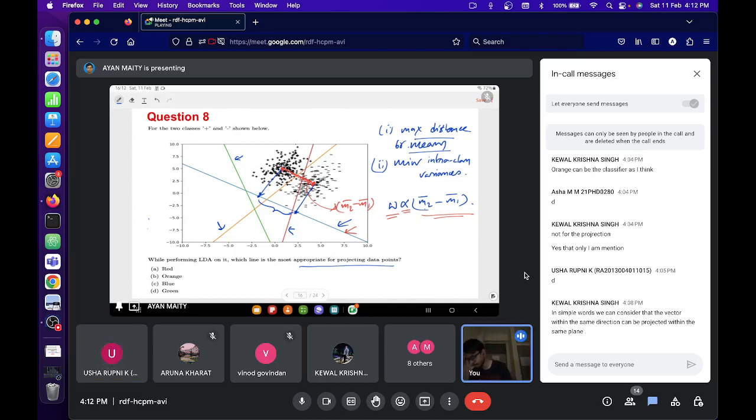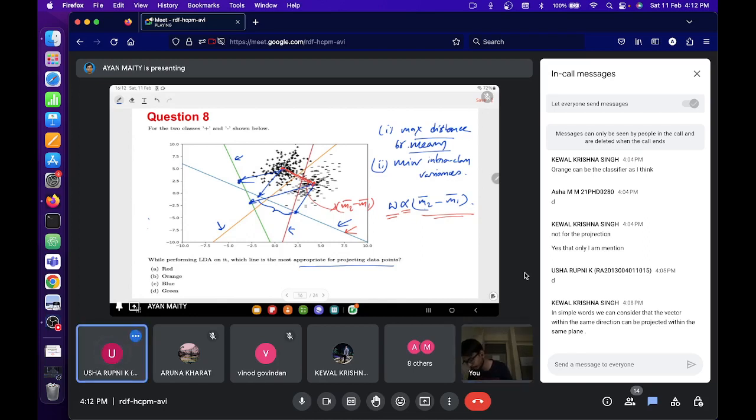No, if you project it on green, you can just visually see that these are the two projections it would be. The mean of the negative class could have been placed somewhere else also, no? Why have you chosen this point? Where will the mean of the positive class be? In the center of all the positive points.